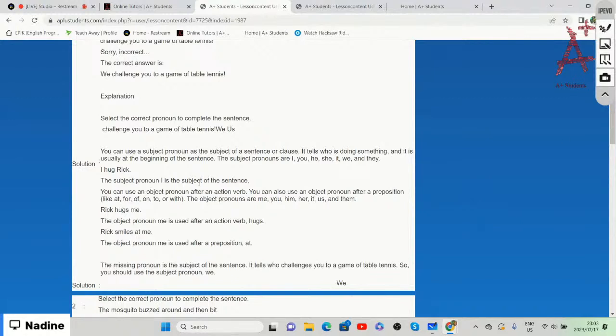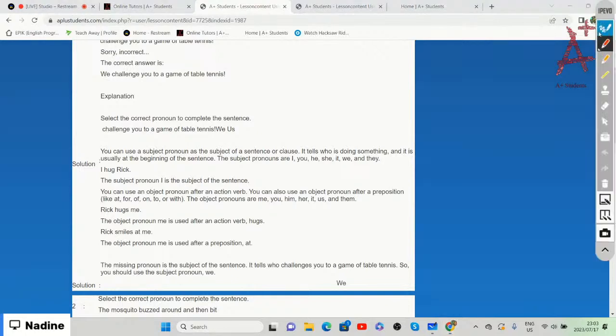So now we are going to also focus on subject pronouns as well as object pronouns, right? So if we listen to the word subject, it indicates, let's say, basically the person or thing that you're talking about, right? Or referring to.